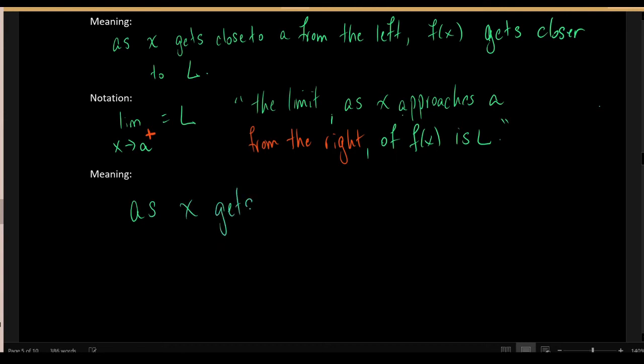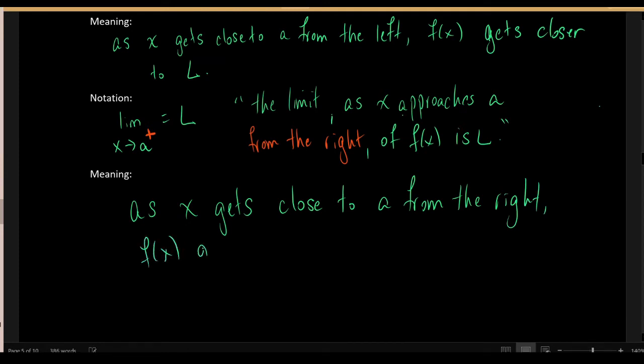As x gets close to a from the right, the outputs, the y variables, get closer to this number L.